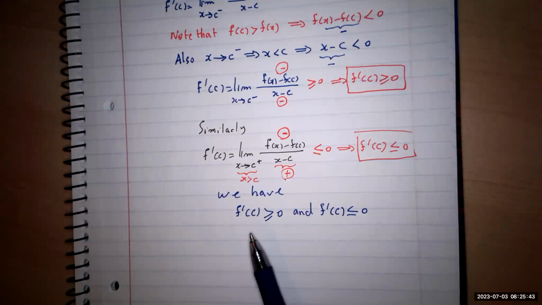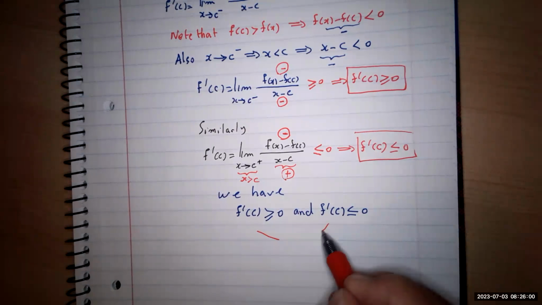You want f prime of c to be bigger than or equal to 0, and at the same time to be less than or equal to 0. So what is going to be the possibility? What can you conclude about f prime of c?